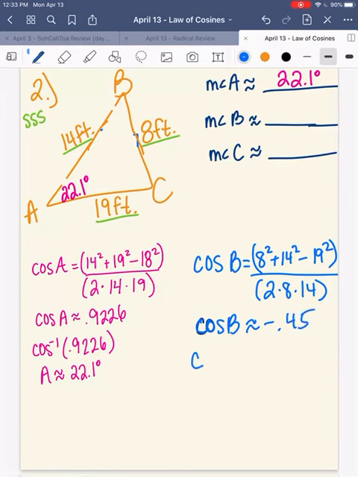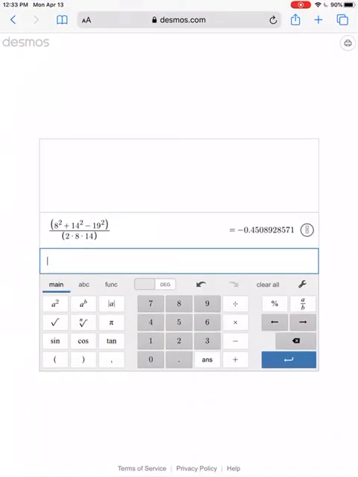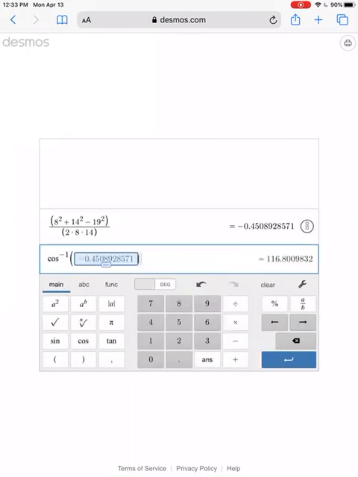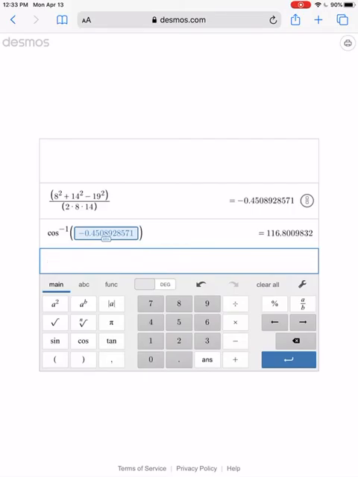And now we want to take the inverse cosine of that number, and then we should have our B. Okay, so I'm going to do the inverse cosine of the answer, and that's 116.8.